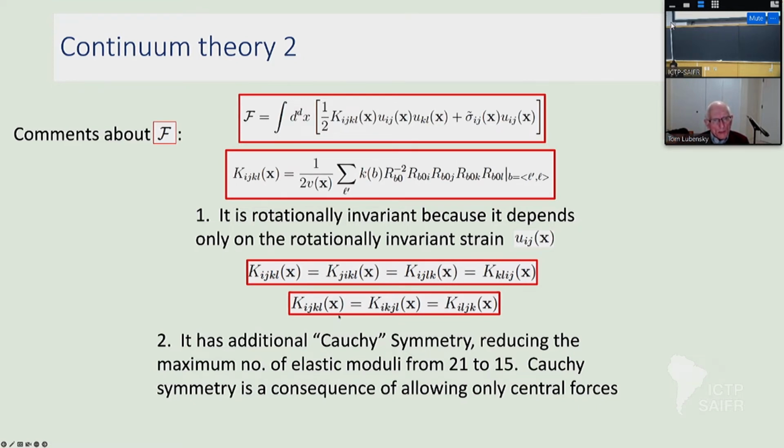What we add are the so-called Cauchy symmetries, where K_ijkl is equal to K_ikjl. So up here we're allowed to interchange k and l and i and j, but we're not allowed to interchange i and k. Up here, there are 21: the most asymmetric solid has the possibility of having 21 different elastic constants in 3 dimensions. This additional symmetry reduces the number to 15.